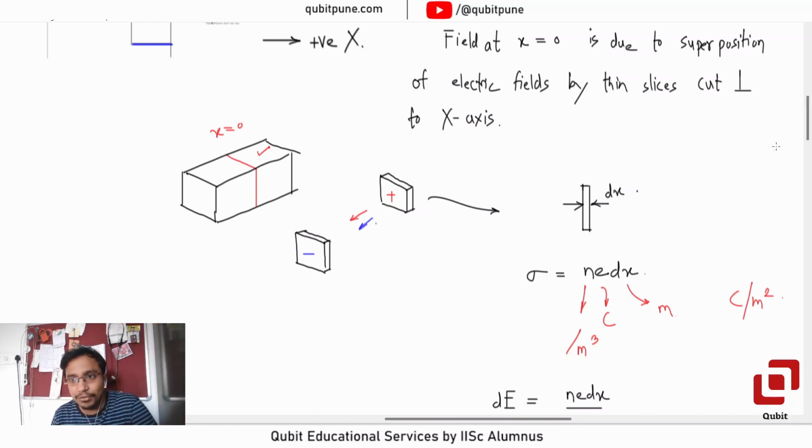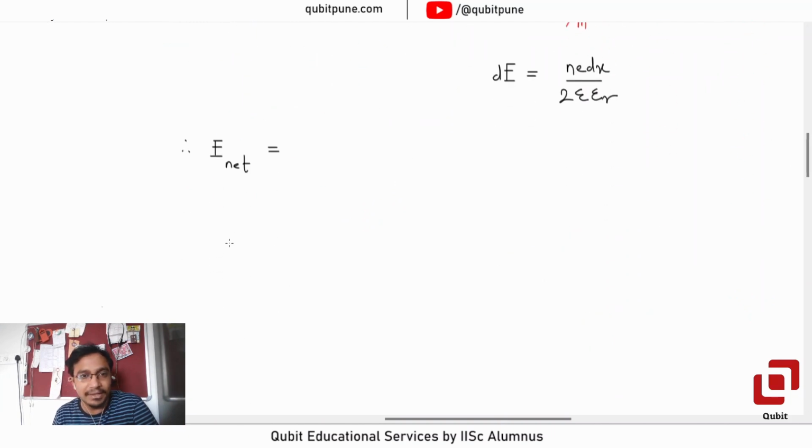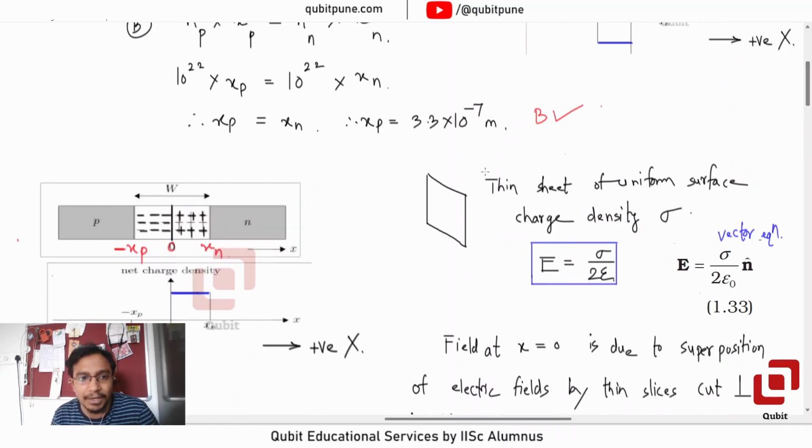So effectively E net is equal to, magnitude wise, 2 times Ne upon 2 epsilon r integral of dx, going from 0 to xn or xp, whatever it is. But now because we have taken xn to be positive, let's go.